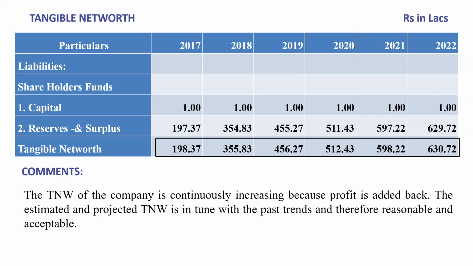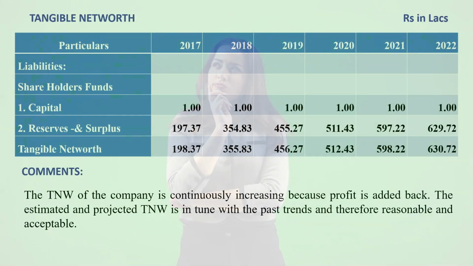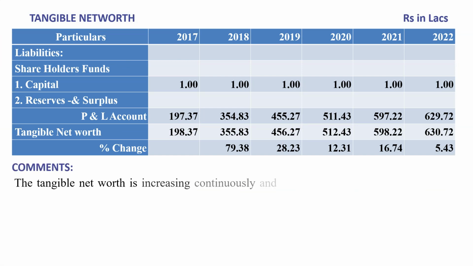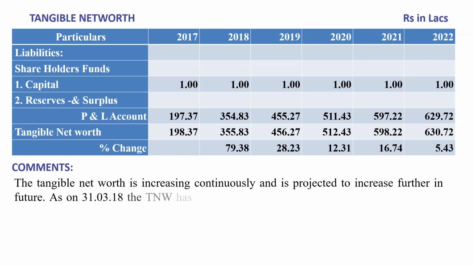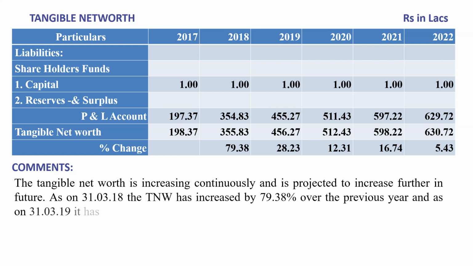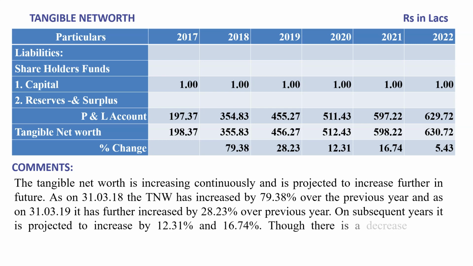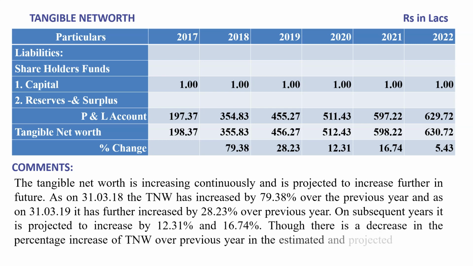When figures in the tangible net worth row are enough to convey this information, is there any value addition by the comments we are writing? So let's try it once again. The tangible net worth is increasing continuously and is projected to increase further in future. As on 31/3/2018, the TNW has increased by 79.38% over the previous year.